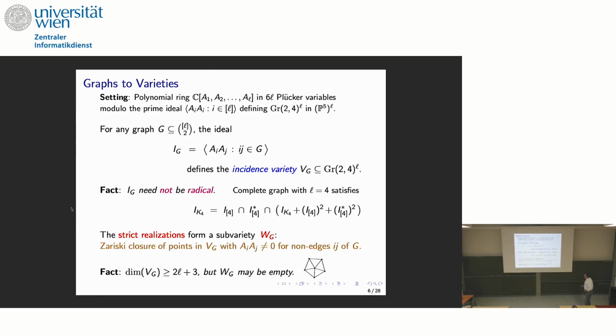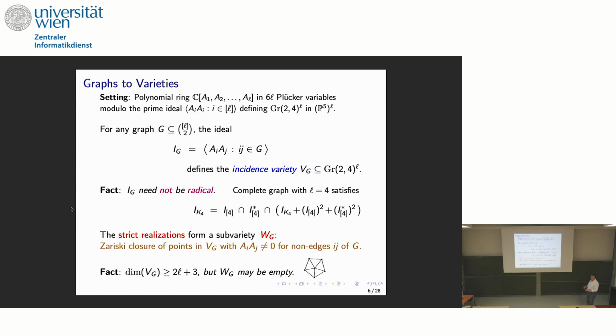Now here's the one that Dani was asking about. The strict realizations form a subvariety W_G. So V_G is the variety I started with, but let's look at the points inside the variety where the ij that are non-edges actually don't meet. Right?